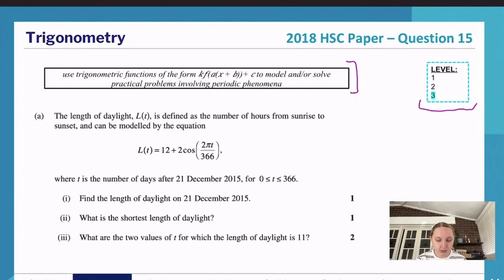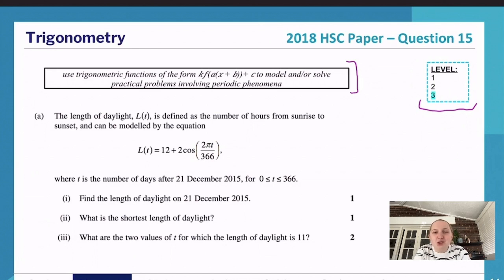Okay, so this question is from the 2018 HSC paper, question 15. The syllabus point most relevant is: use trigonometric functions of the form k f(ax + b) + c to model and/or solve practical problems involving periodic phenomena.